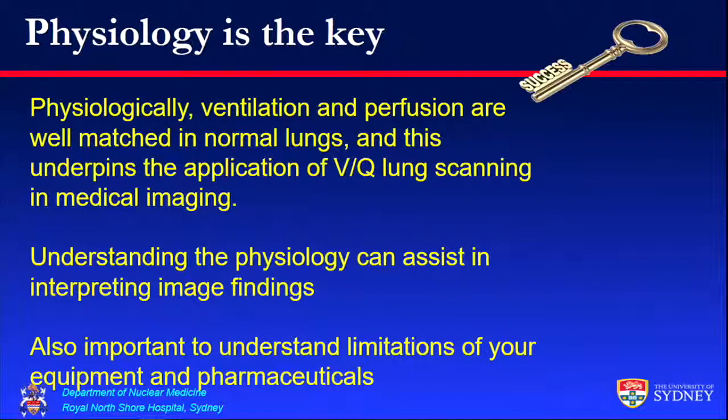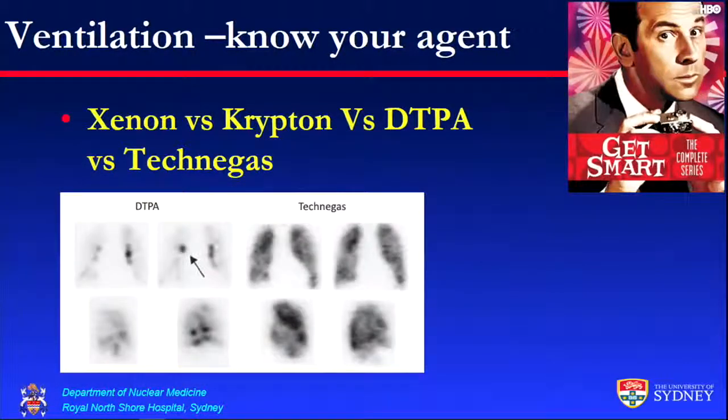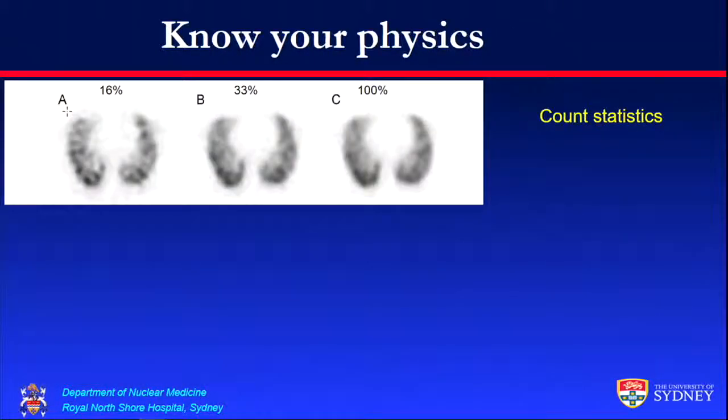Physiology is the key. I normally tell my children that life is physics, but for this audience, life is physiology. Ventilation and perfusion should be well matched in our normal lungs, and that completely underpins what we're talking about. One of the things you need to know in your physics is count statistics. If you get a poor quality study because of low counts, you will be looking at data that will make your life much more difficult.